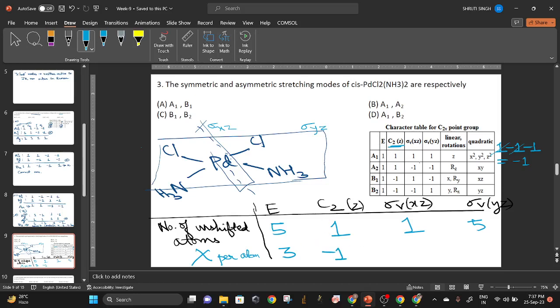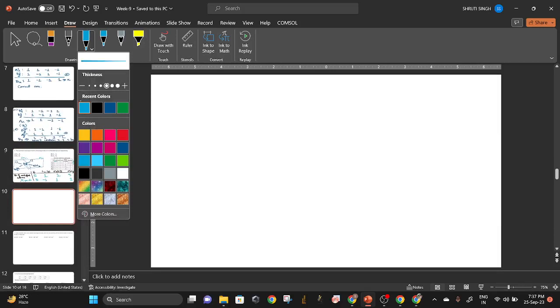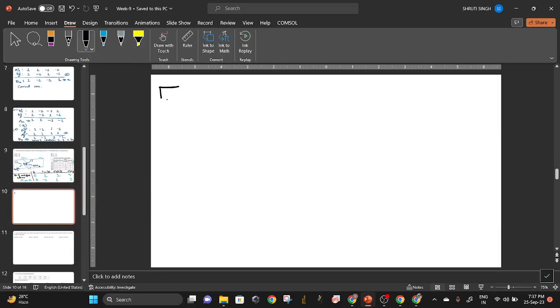Then sigma v: for both sigma, it is 1 and 1. And then what do we need to do next? Multiplication. Let me do it in the next slide. Multiplication will give me the reducible representation.